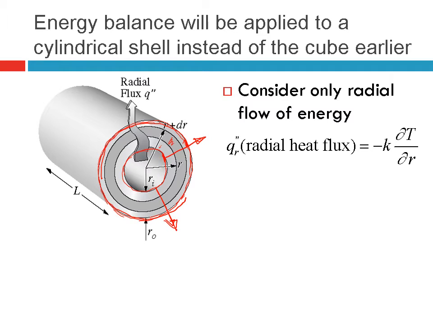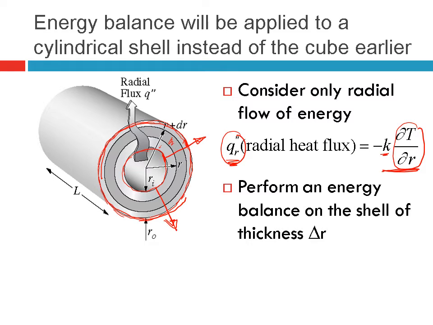In this radial coordinate system, Fourier's law is minus k times the gradient in the radial direction. So we want to perform an energy balance on a shell.